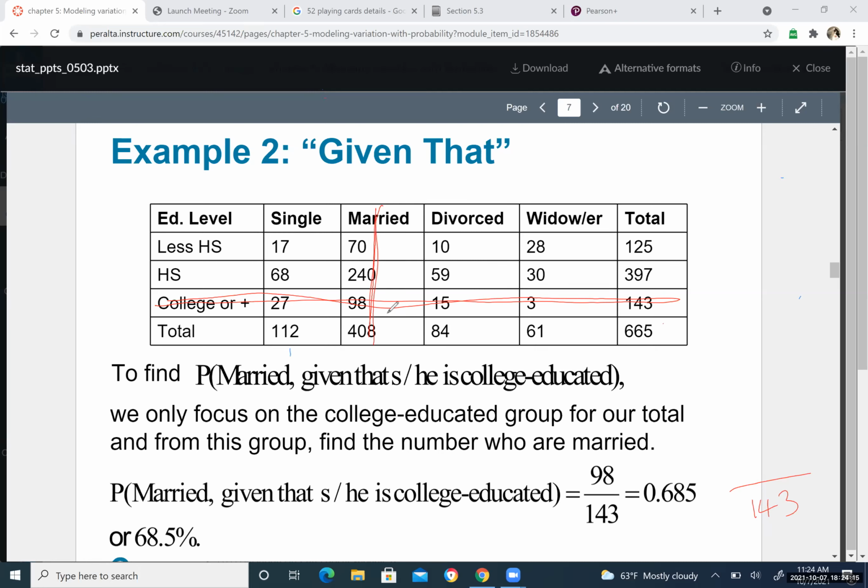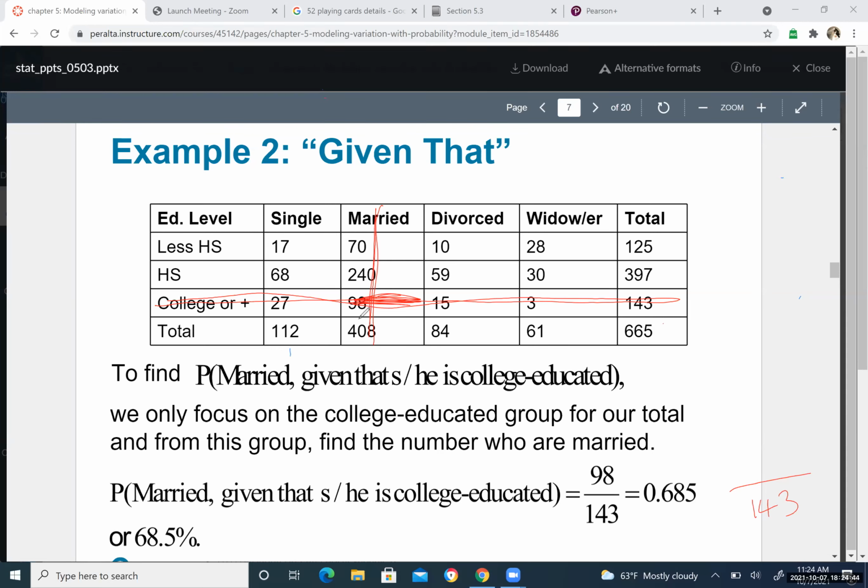We don't take total married, because if you take total married, that will include less than high school and high school too. But no, we don't focus on the less than high school and high school group. So we ignore that value. So we just take the intersection of married and college or above, right? Or college level.